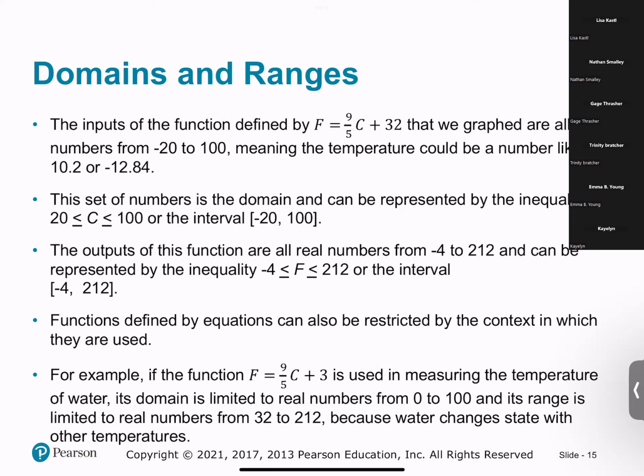But functions, and typically, since we're in a functions and modeling class, our functions are defined by equations that are restricted by the context of the problem. For example, even though I could find F for C of -1000 using this equation, that doesn't really make sense in the context of the problem, because there is an absolute zero.